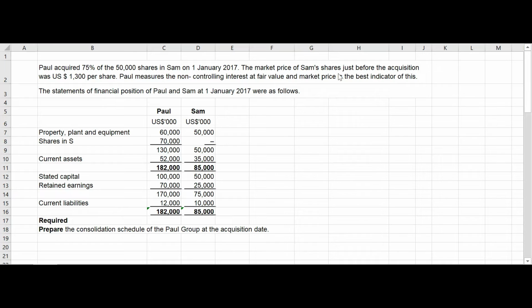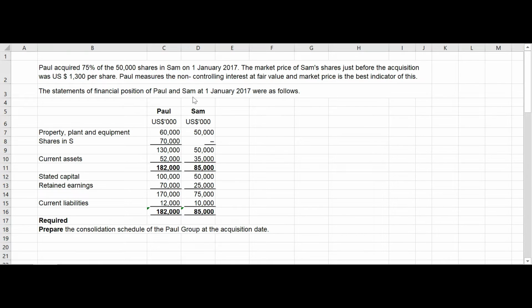So we need to calculate the non-controlling interest based on the fair value, not based on the net current assets, not based on the net assets at the time of acquisition. So it has to be based on the fair value.